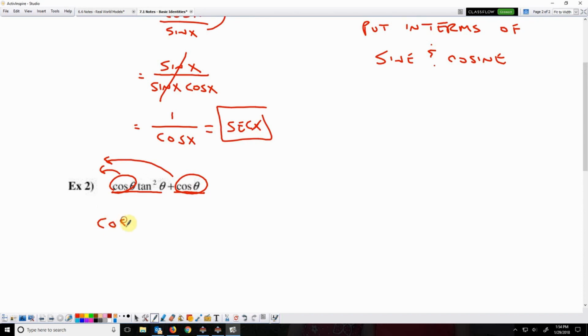So I'm going to have cosine theta times, when I divide this first term by cosine theta, I get tan squared theta. And when I divide the second term by cosine theta, I get 1. So if I was to distribute that, I would get cosine theta times tan squared theta plus cosine theta. So essentially what I just did was undistribute the cosine theta.